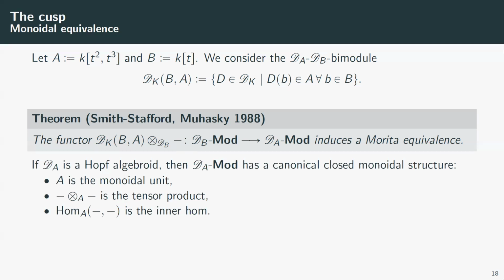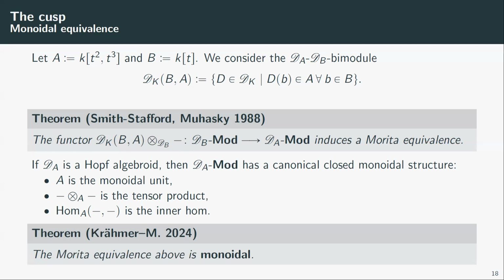The tensor product of D_A modules is just the tensor product over A, and the internal Hom is just the A-linear Hom. Okay, and using a descent technique, again, we showed that D_K over D_A has a coalgebra structure which is compatible with the D_A D_B bimodule structure, and therefore the Morita equivalence above is monoidal.